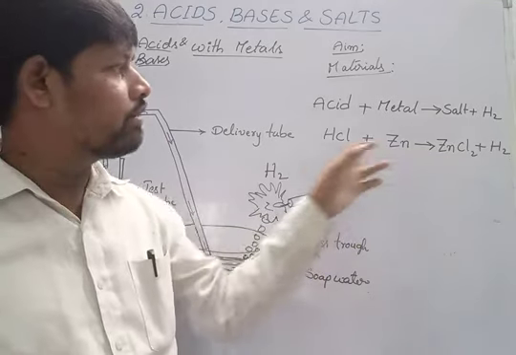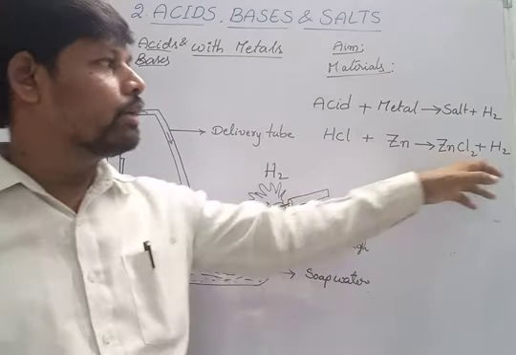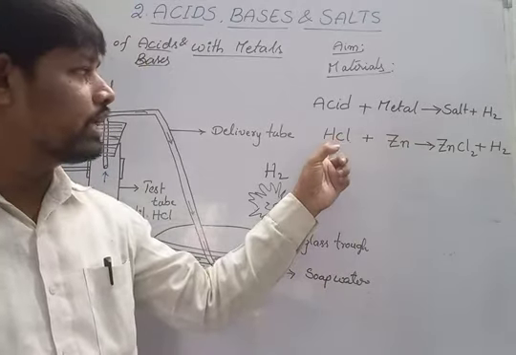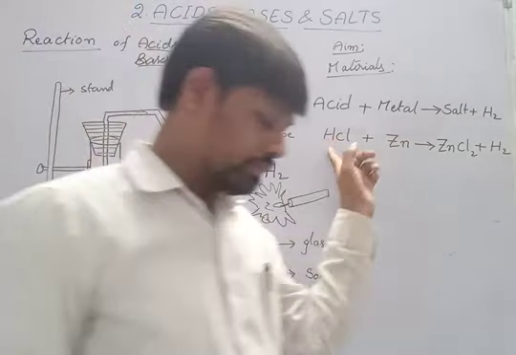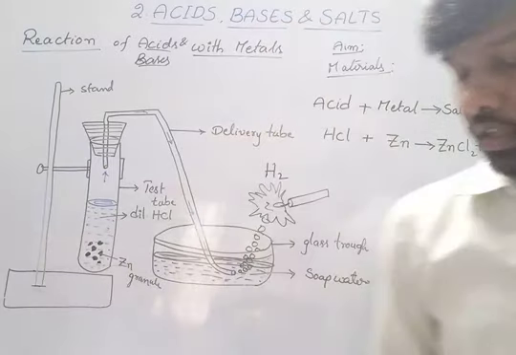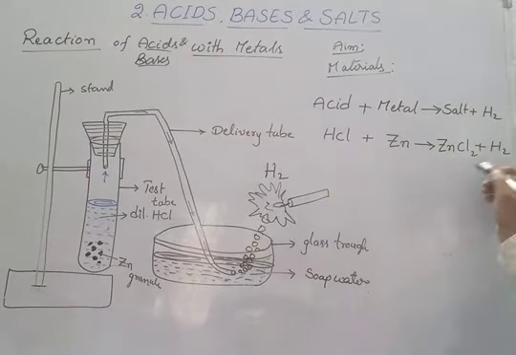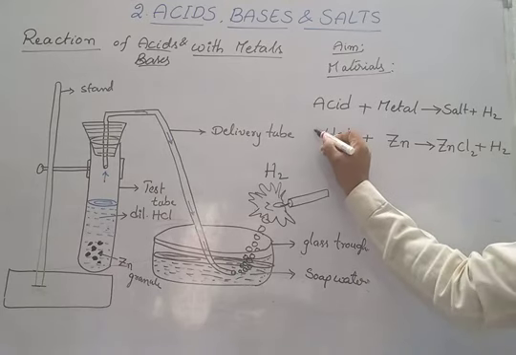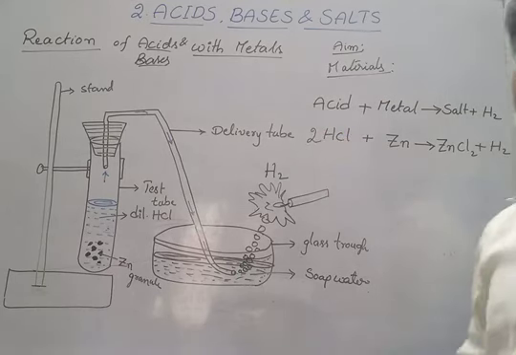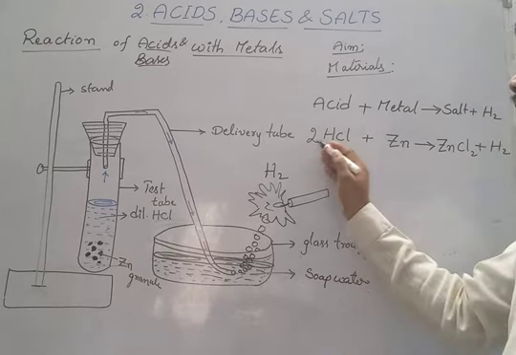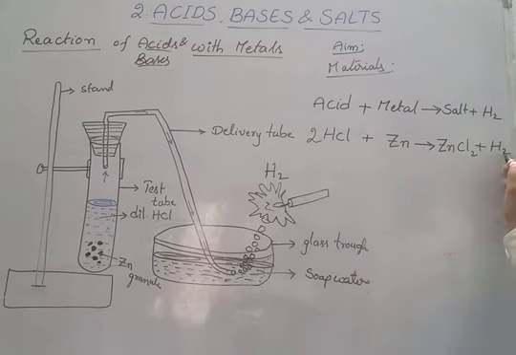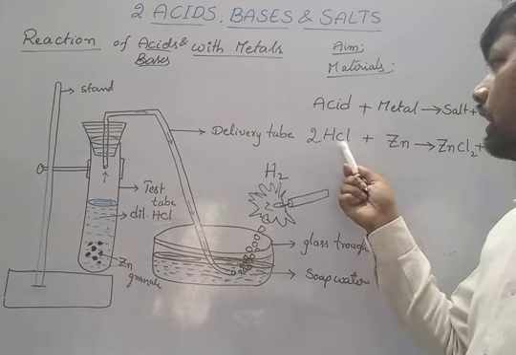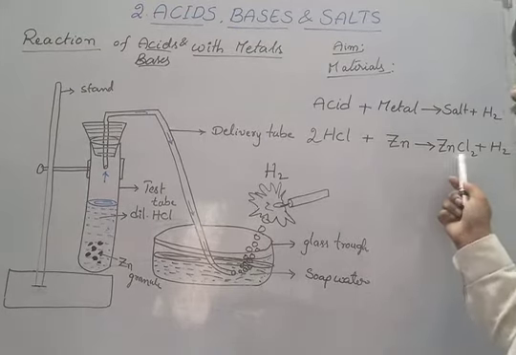If you observe the right side and the left side, you have to check whether the atoms are equal in number or not. Here, how many hydrogens are there on the left side? Only one. On the right side, two are there. That means on the left side we also need two hydrogens. Then the right side also has two hydrogens. Now Cl2 on the right, so here also we need Cl2.